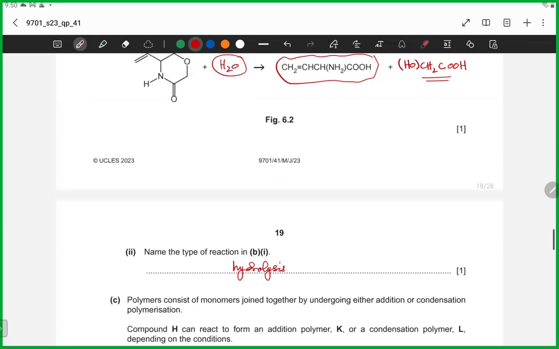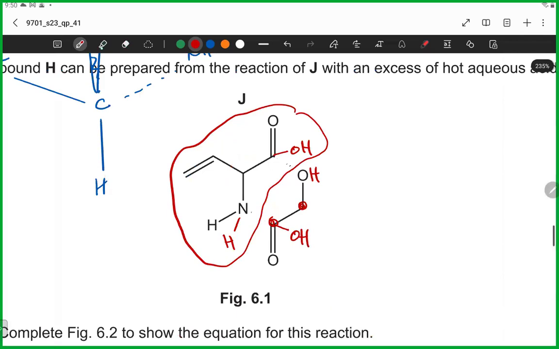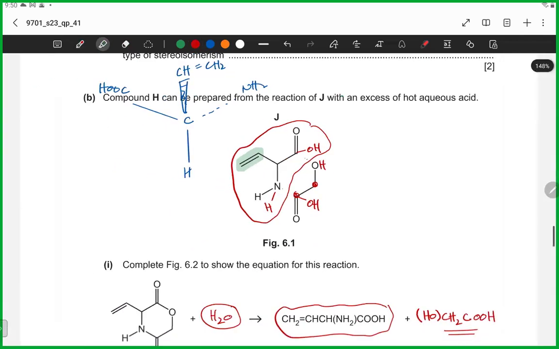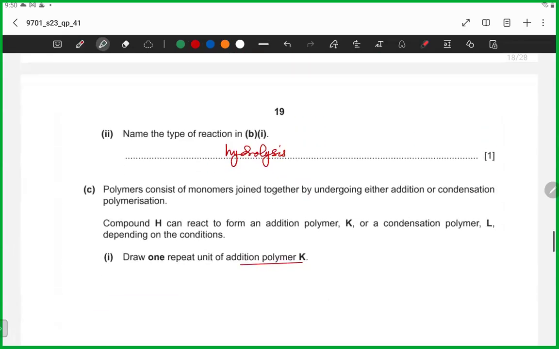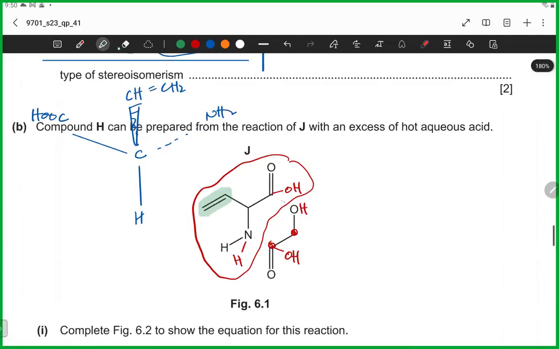Now the addition polymer revolves around the alkene, right? So what is he asking for? One repeat unit of the addition polymer that's going to be formed. So when it's an alkene forming the addition polymer, you've got two carbon atoms with a double bond. The first carbon atom has two H's.